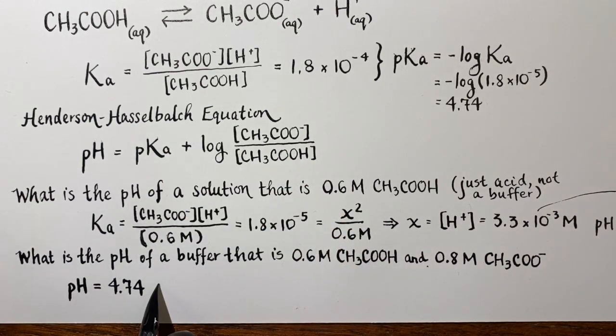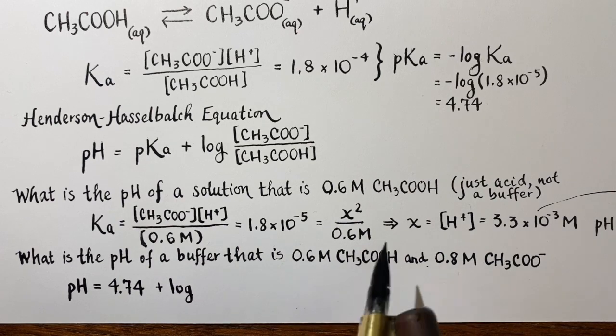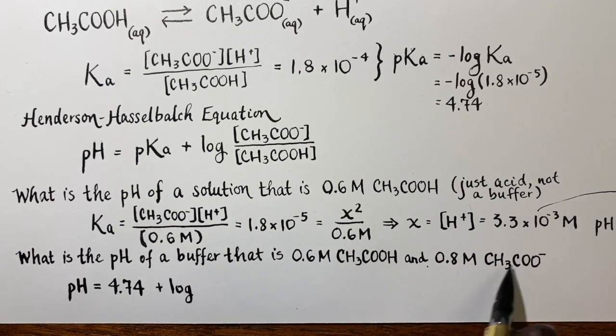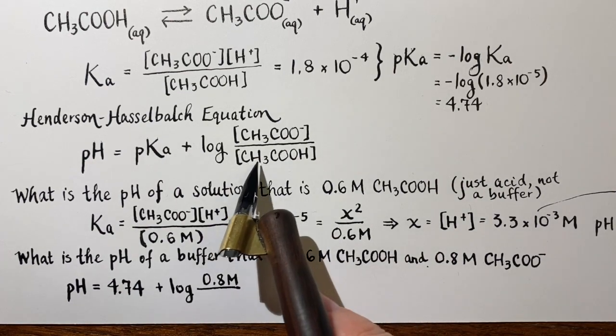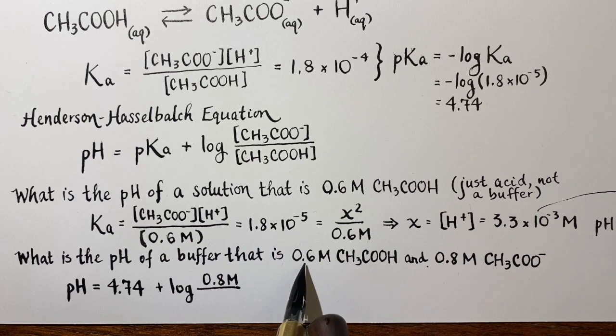So let's see what it's going to be in this case. We've got our conjugate base is 0.8 molar. The concentration of the acid is 0.6 molar.